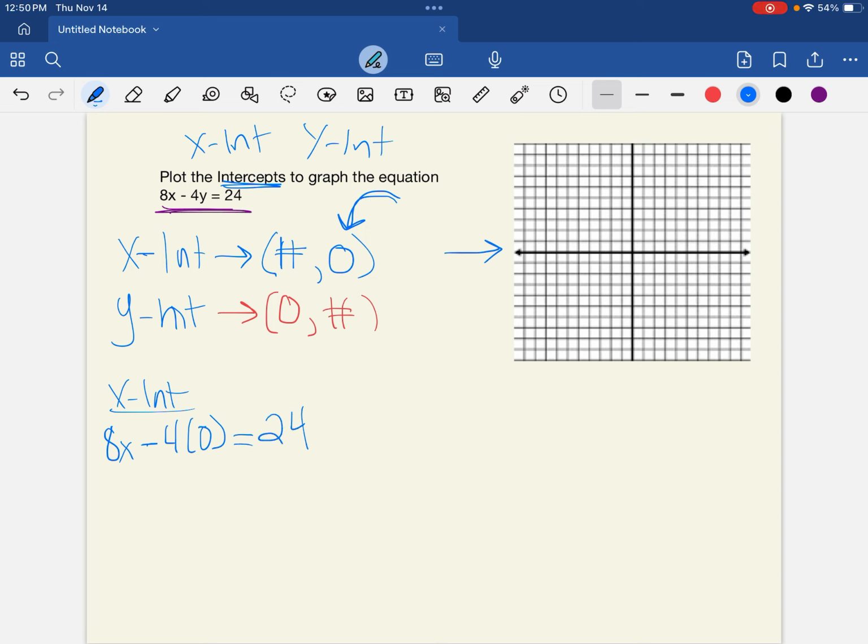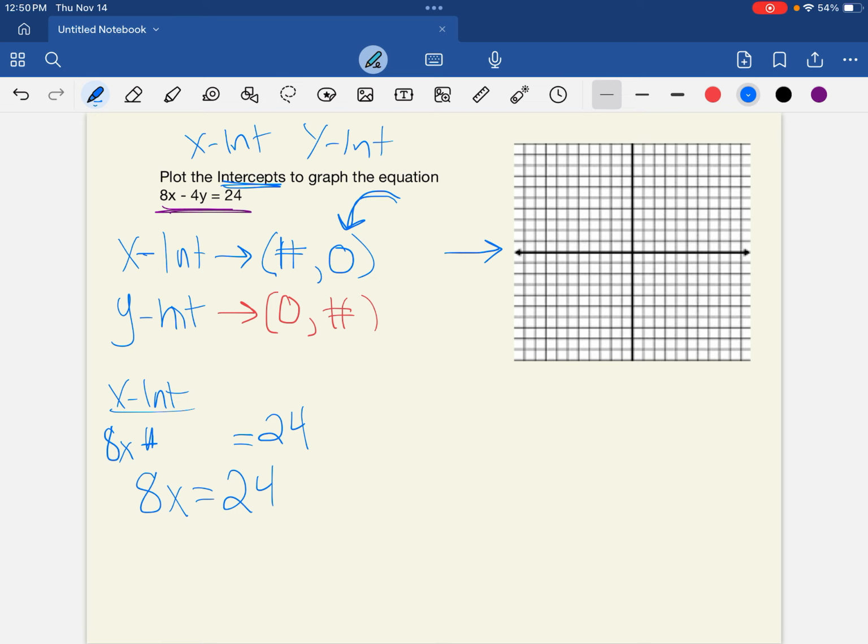Okay, now, what's going to happen? Because y is 0, this piece right here is going to go away. And I'm going to be left with 8x is equal to 24. In a minute, I'll talk about how to do a shortcut. But what is absolutely crucial is that you show yourself that 8x equals 24.